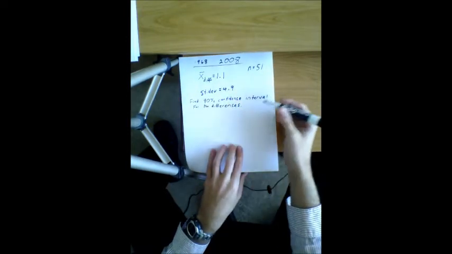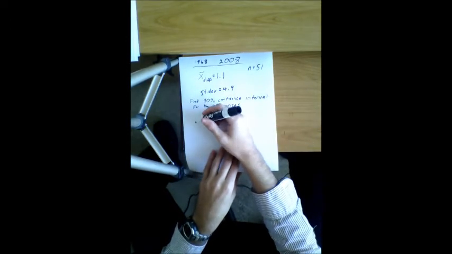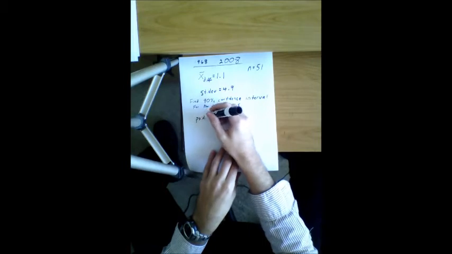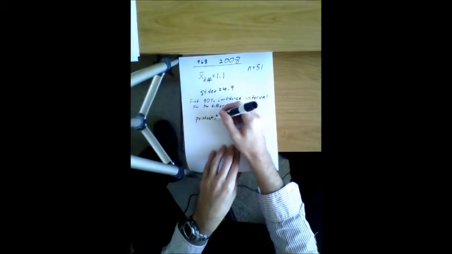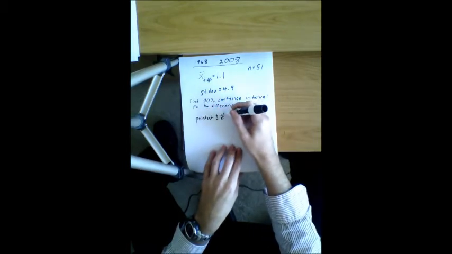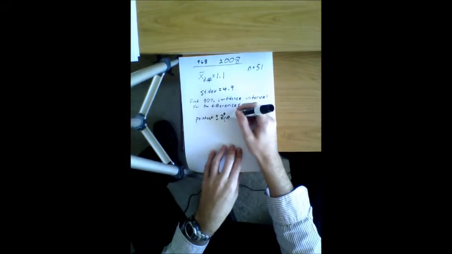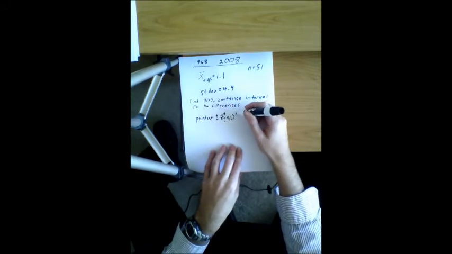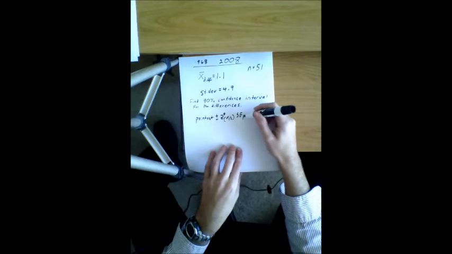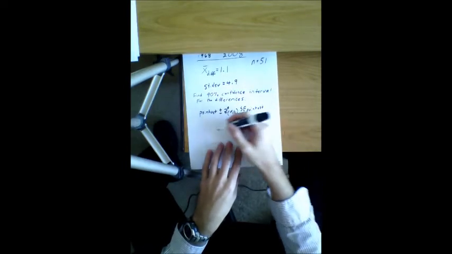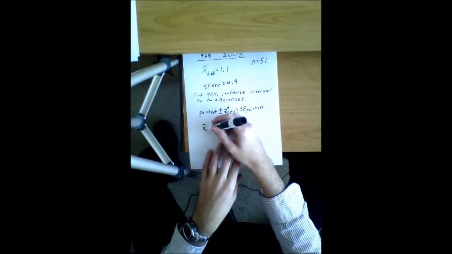So finding a 90% confidence interval for this, again, we just have our point estimate plus or minus z star of alpha over 2 times the standard error of our point estimate. So our point estimate here is our x bar diff.